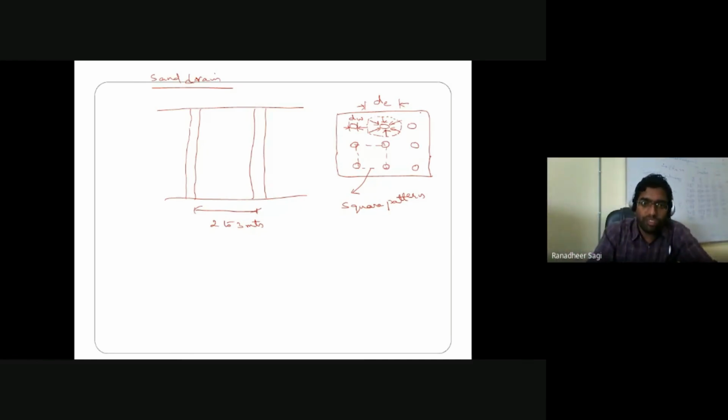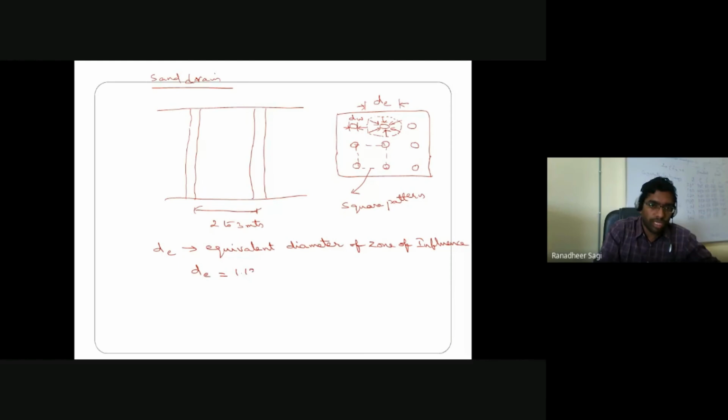So what is that DE that I am representing? DE indicates the equivalent diameter of the zone of influence. This DE value is approximately equal to 1.13 times S. What does S indicate?